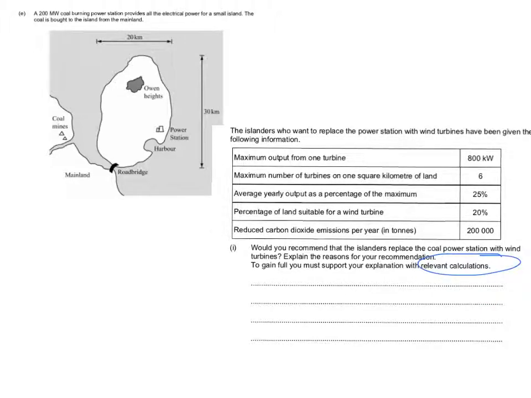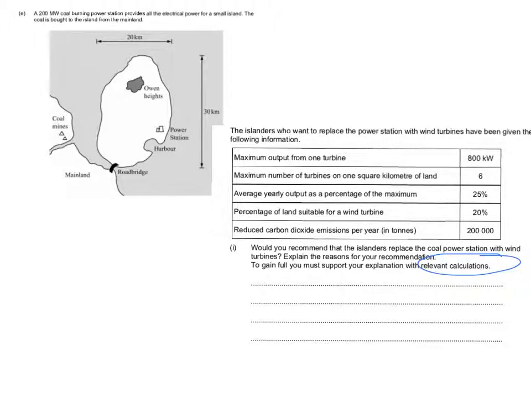We must do calculations. So, we want to try and figure out if we're going to be able to produce enough power to meet the 200 megawatt coal burning power station by using wind turbines. And how we're going to do that is we're going to have to find out the maximum power output from a wind turbine. To be able to do that, we first need to know the number of wind turbines and then the maximum power output from each one.